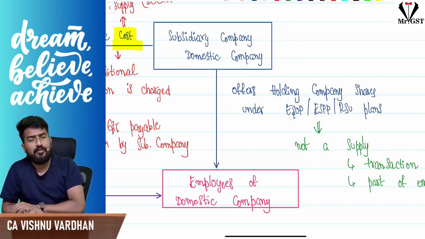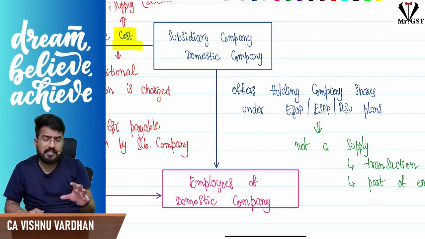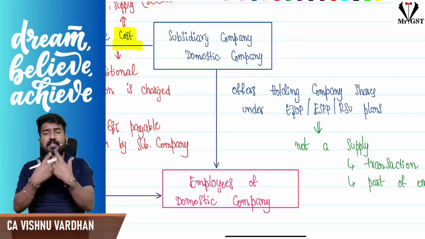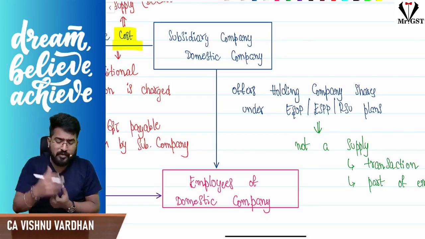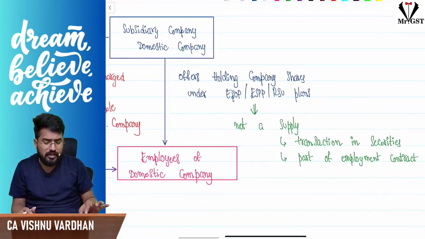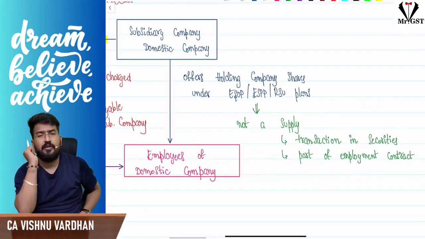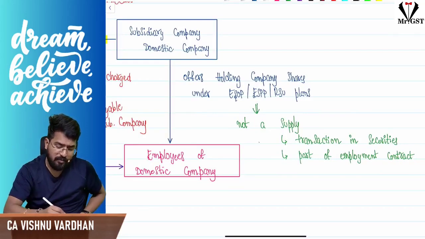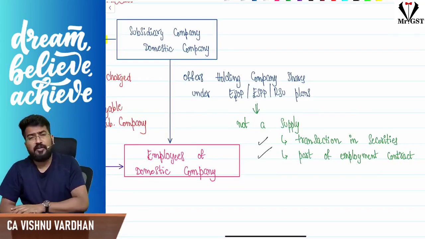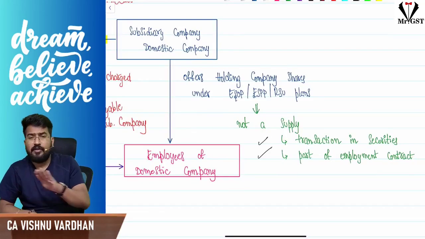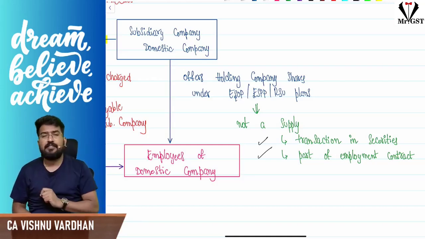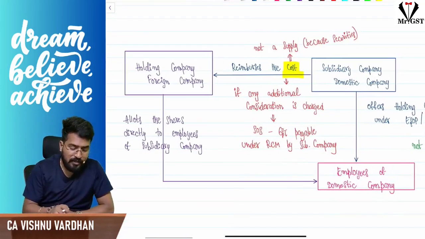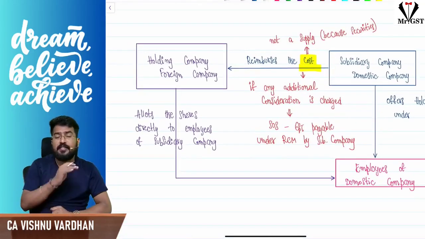In that case, please understand, they are allotted by the foreign company, but given because of the subsidiary company. So giving securities is not a supply, because it is not a good, it is not a service, first thing. And one more thing, sir, it is not a supply because it is part of the employment contract. So the transaction between the domestic subsidiary company and the employees is not a supply, it will not attract GST.